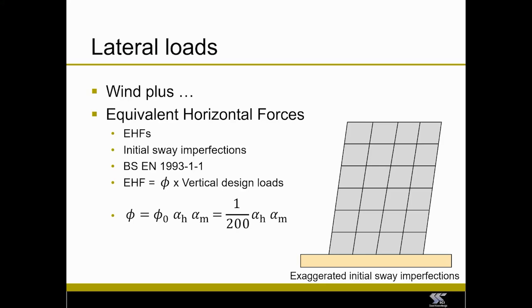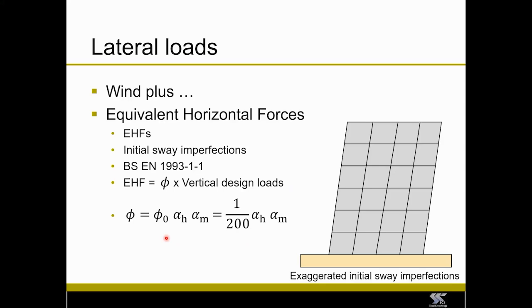These are really the horizontal forces, or equivalent horizontal forces obviously, that would result from initial imperfections of the frame. And so there's an expression there given in the Eurocode that tells us how we can calculate the equivalent horizontal forces. So it's a factor, psi factor, multiplied by the vertical design loads, and then the psi factor itself has several terms which can be calculated as well.